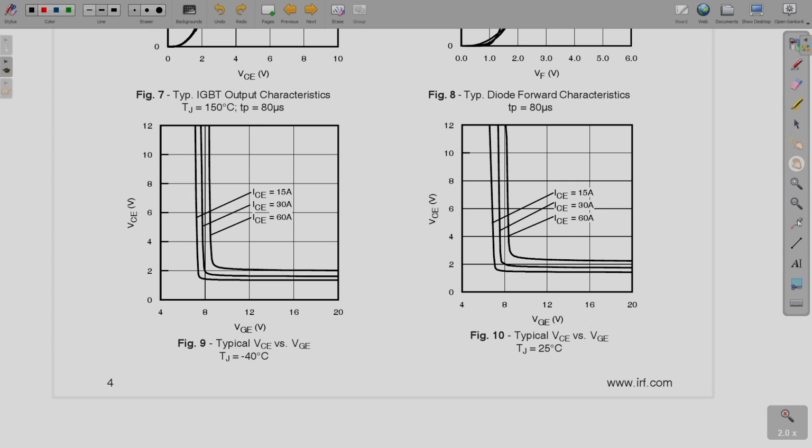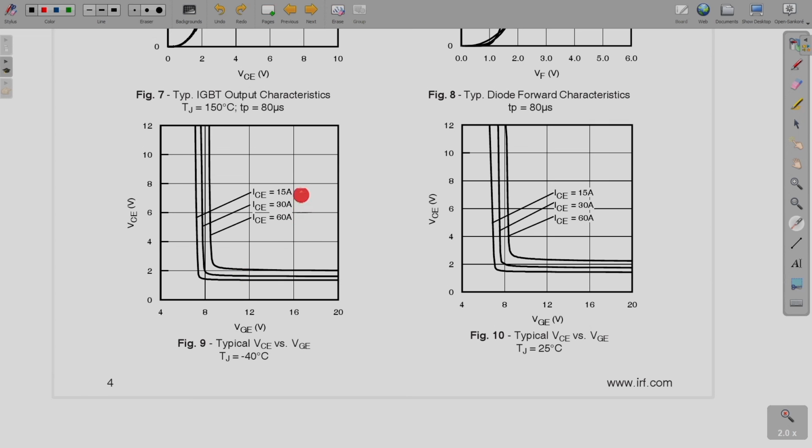Then this one is your collector to emitter voltage versus gate emitter voltage. You can see here that as your gate emitter voltage is increasing, the IGBT is going into saturation, and so your collector emitter voltage is decreasing.